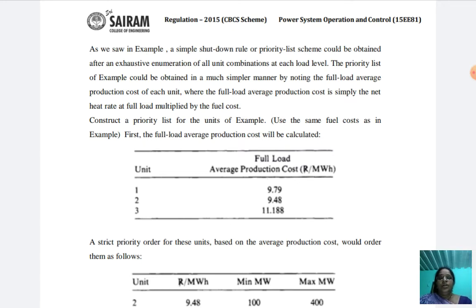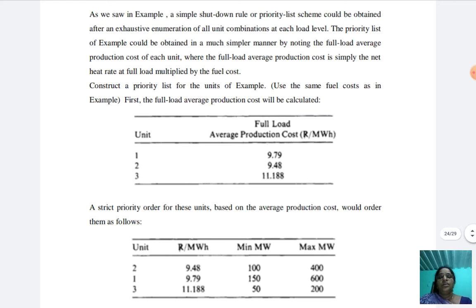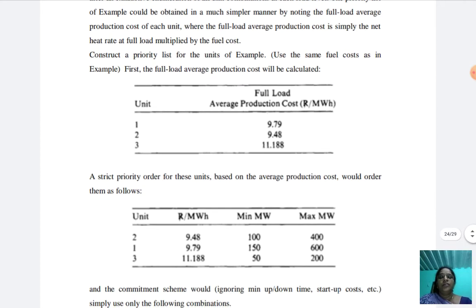Based on the full load average production cost, we have to prepare the order of the units. Which unit has the least average production cost? Unit 2 has the least, 9.48, from the tabular column.